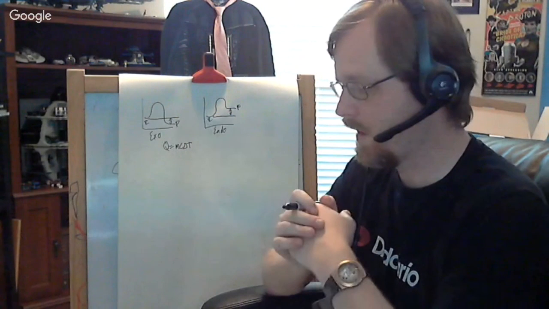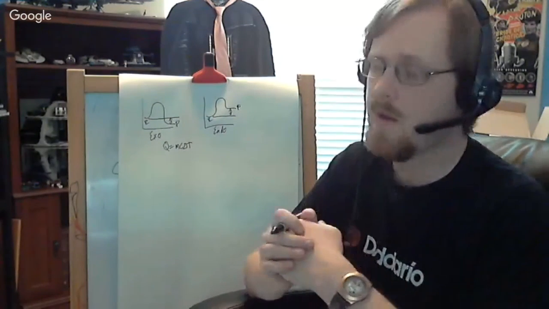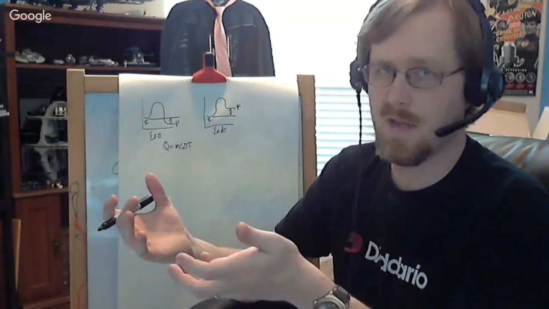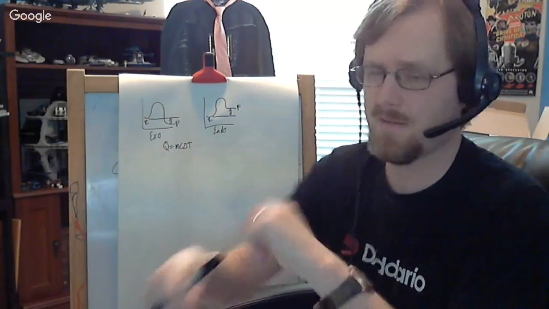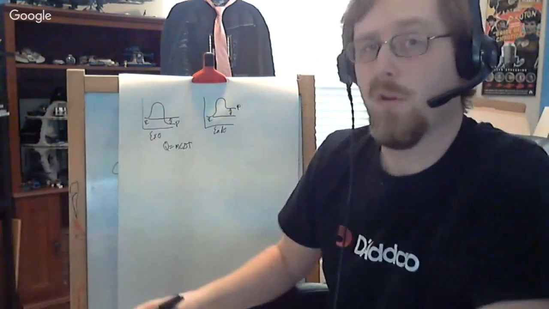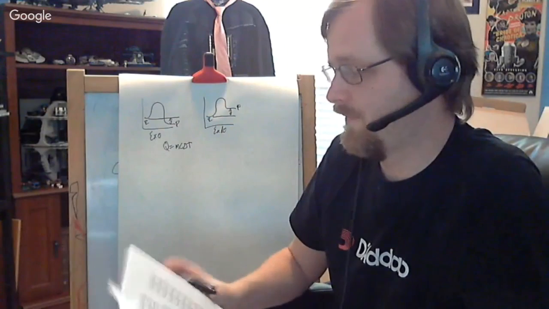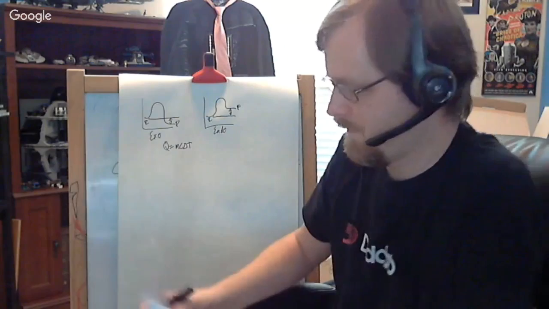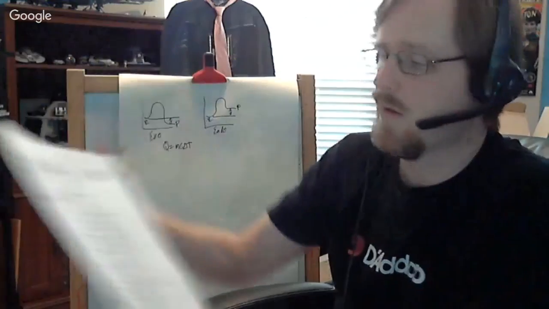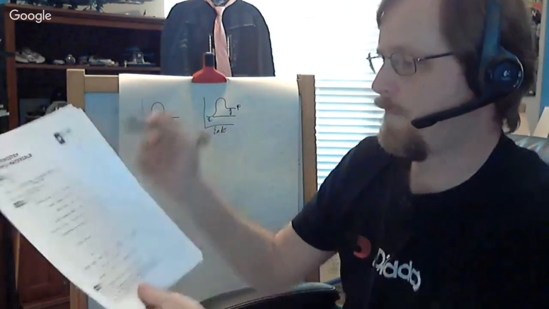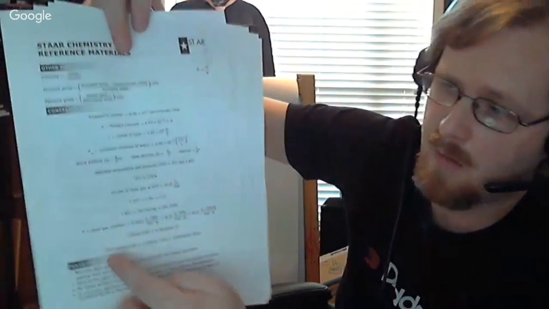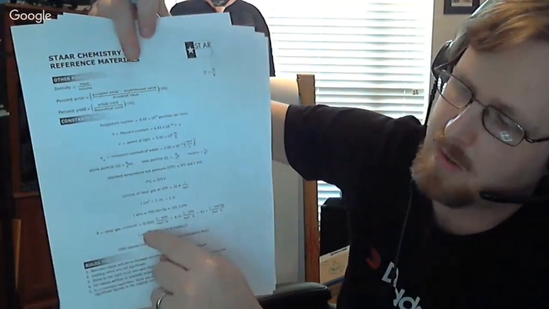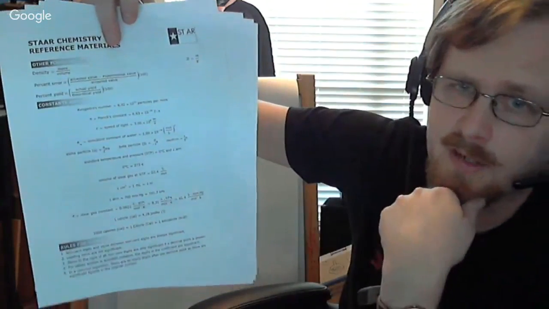When it comes to the specific heat of water, we are going to expect you to have that one already memorized, but if you know where to look for it on the reference chart, you can find it. See if I can pull it up here. On this side of the formula chart, down here, it gives you a conversion rate. It's right here: 1 calorie equals 4.18 joules.